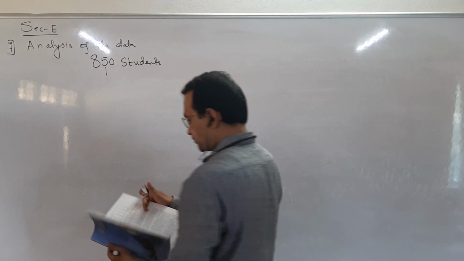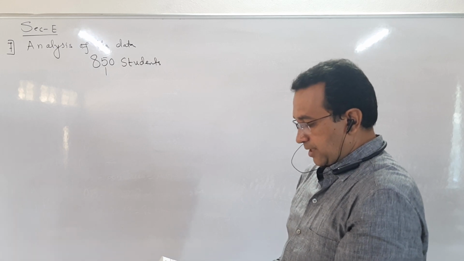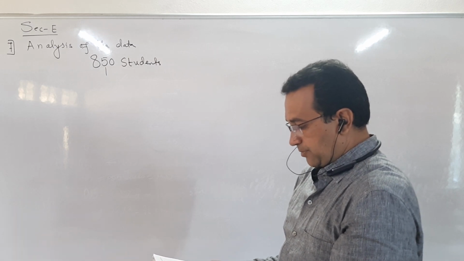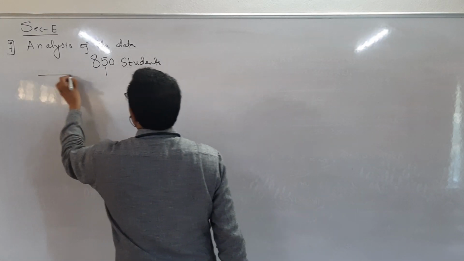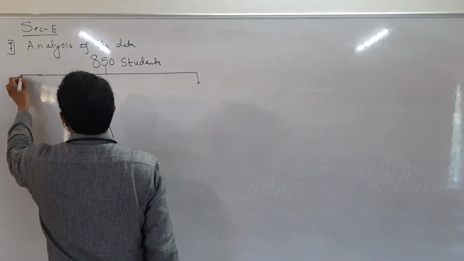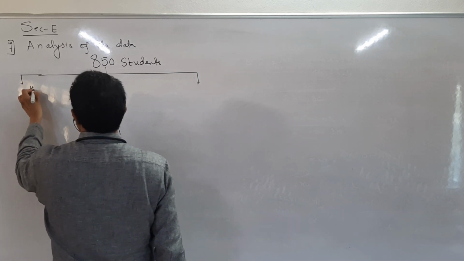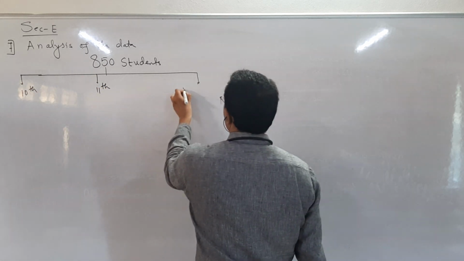Now further, the number of students in standard 10, 11, 12 were in the proportion 8:5:4. So these 850 students are divided into 3 standards: 10th, 11th and 12th.